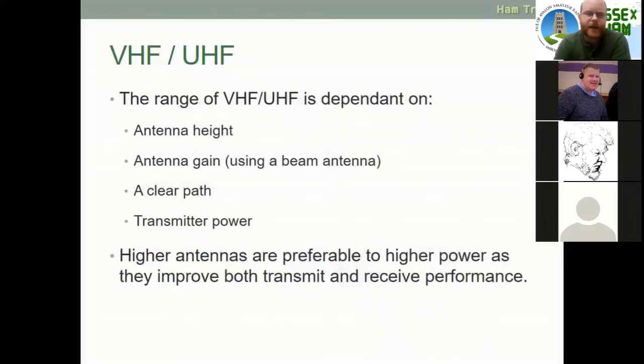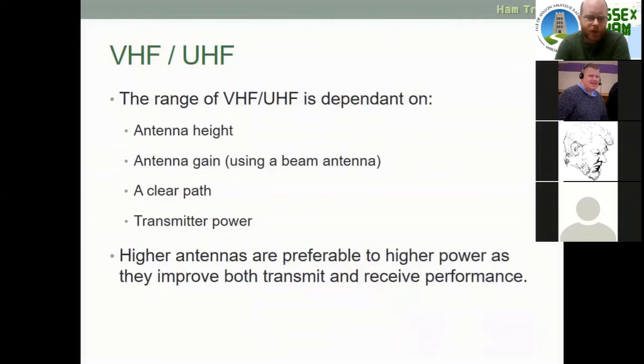So the range of VHF and UHF is dependent on the antenna height. Again, the higher the antenna, the better you're going to do. The antenna gain: it says here using a beam antenna. All antennas will have gain, but if you have a beam antenna, you're putting all the power in one direction.